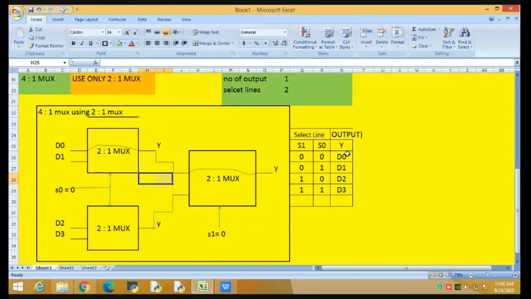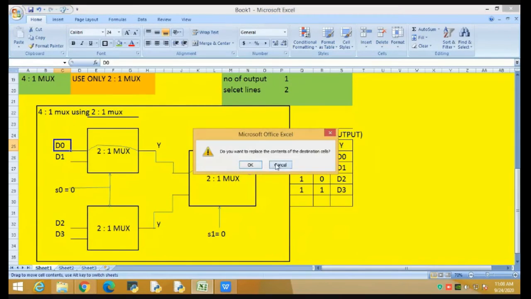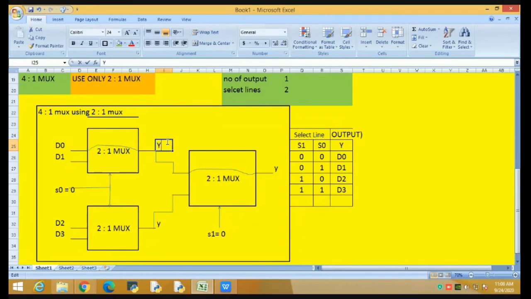So what I require as output is D0. Here the first line input is connected to Y. So this D0 comes to here, because this select line's input is 0. So D0 is connected to here.